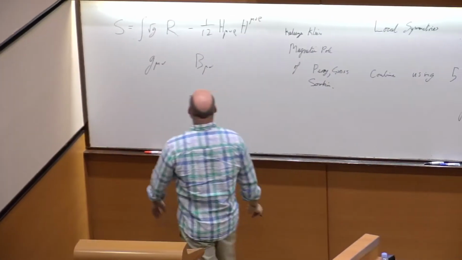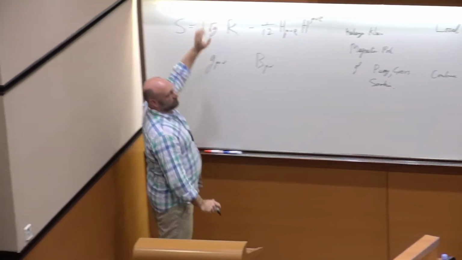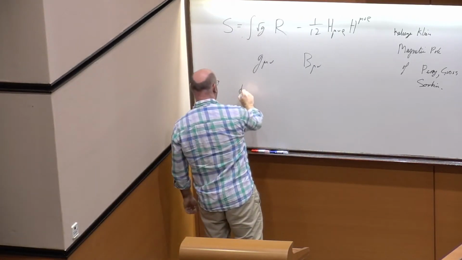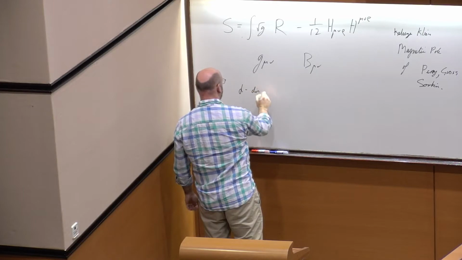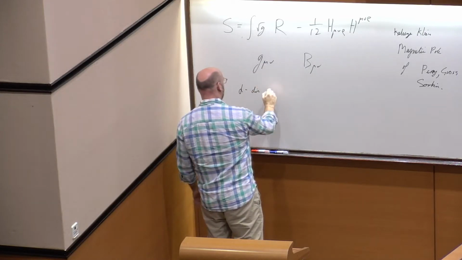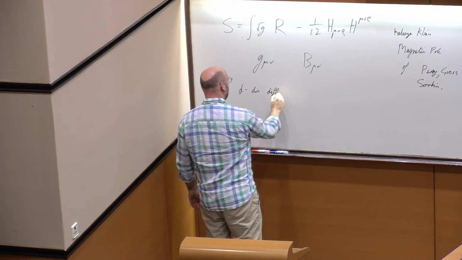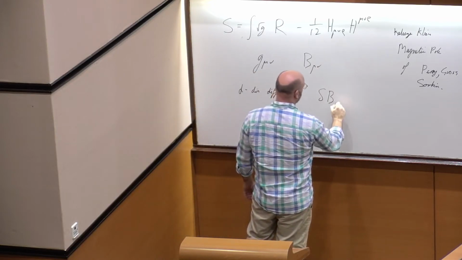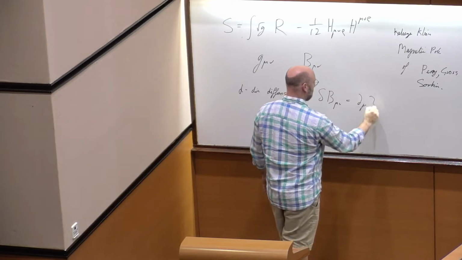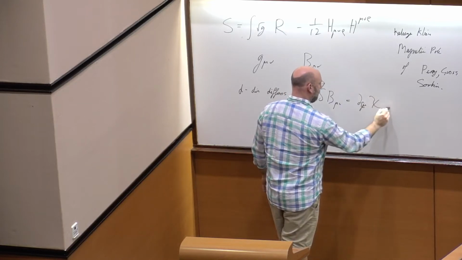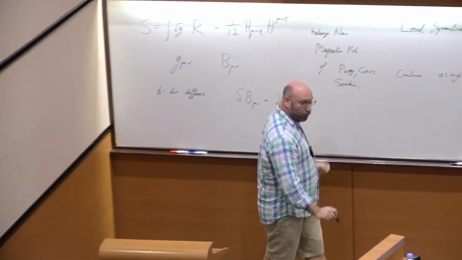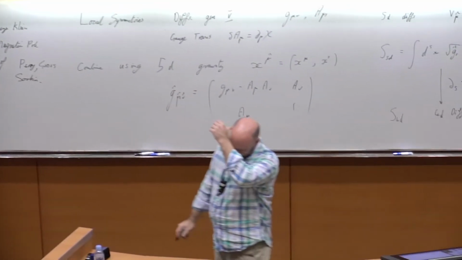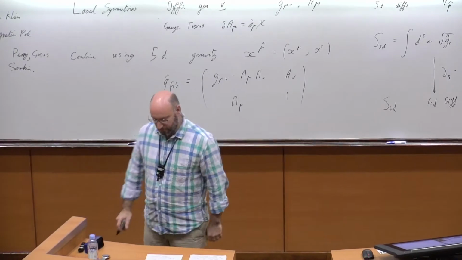And of course we have, let's say I'm in D dimensions, we've got D-dimensional diffs. D will perhaps be 10, but whatever. Diffeos, and now we've got the variation of B being given by a one-form worth of gauge transformations.